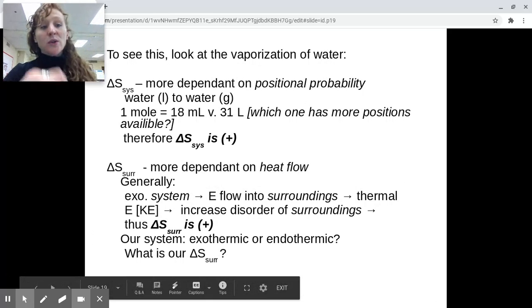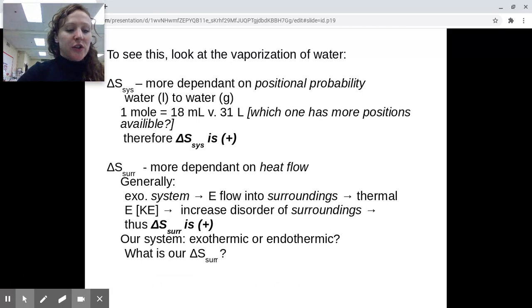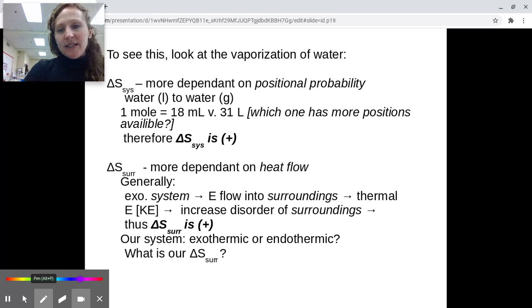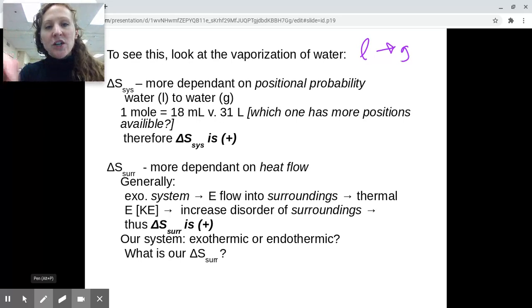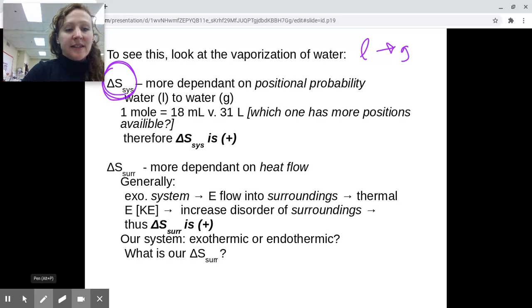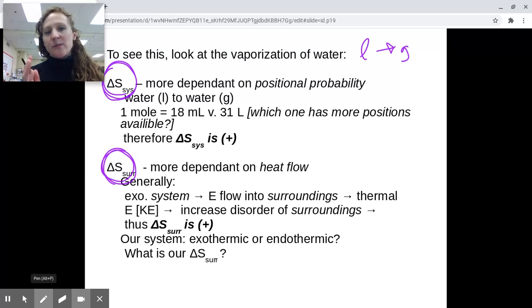All right, so to look at this idea, we're going to look at the vaporization of water. If something is vaporizing, it's turning from a liquid into a gas. Let's look at the entropy of the system and the entropy of the surroundings for this specific case. So, entropy of the system for the vaporization of water.